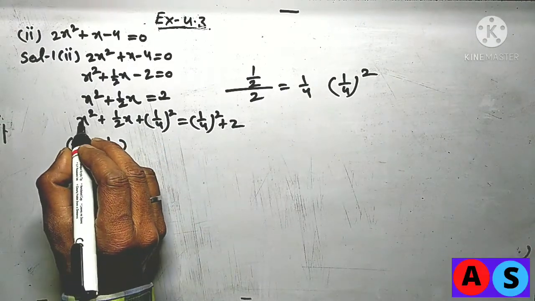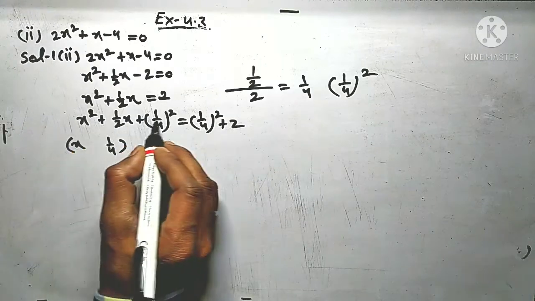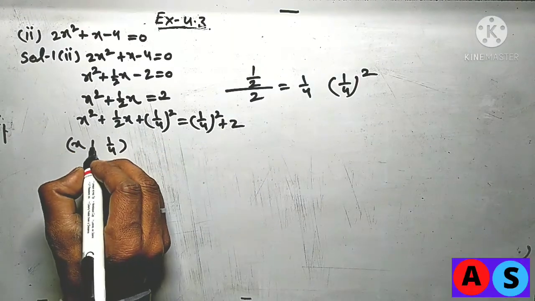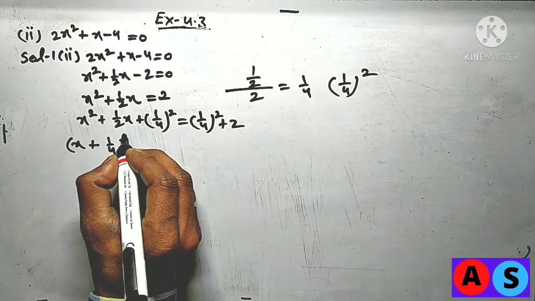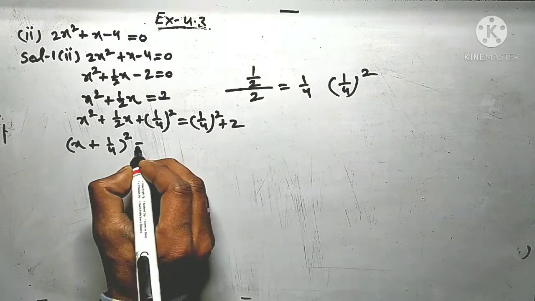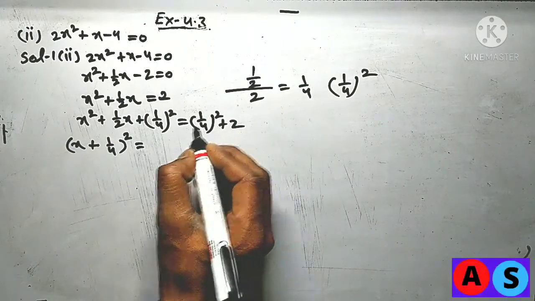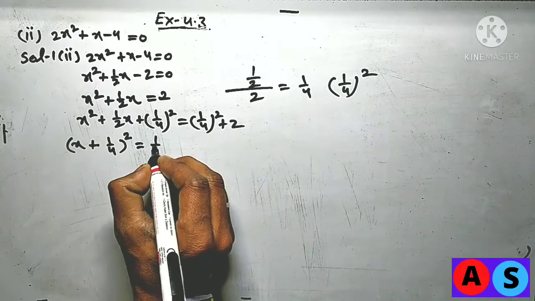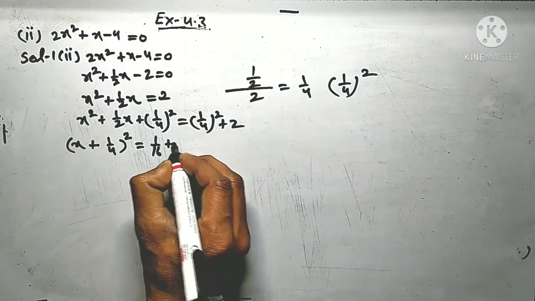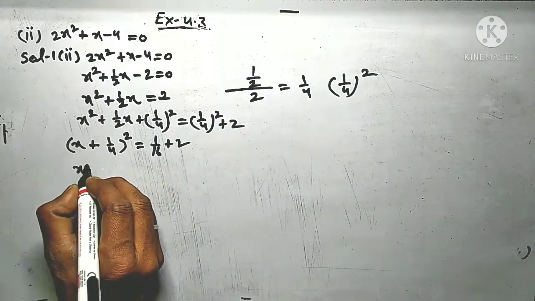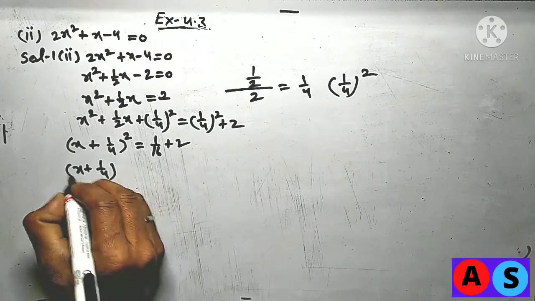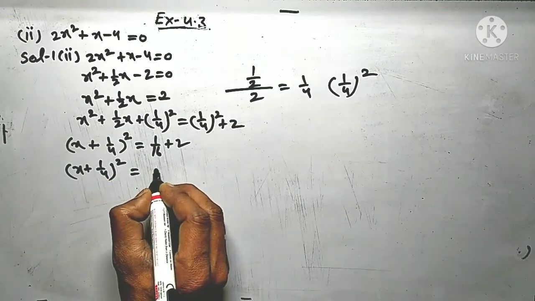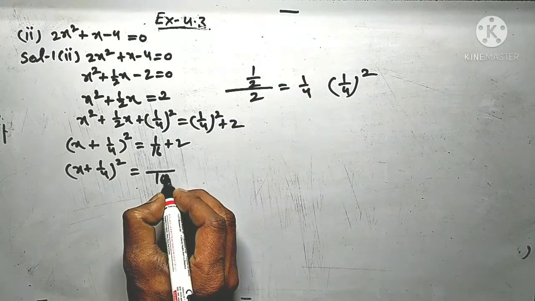Students, there are 3 terms: 1, 2, 3, and all the 3 terms are positive. So we write a positive sign and then make the square on the bracket is equal to, we open 1 over 4 whole square, 1 over 16 plus 2. (x plus 1 over 4) whole square is equal to, we take 16 as LCM.